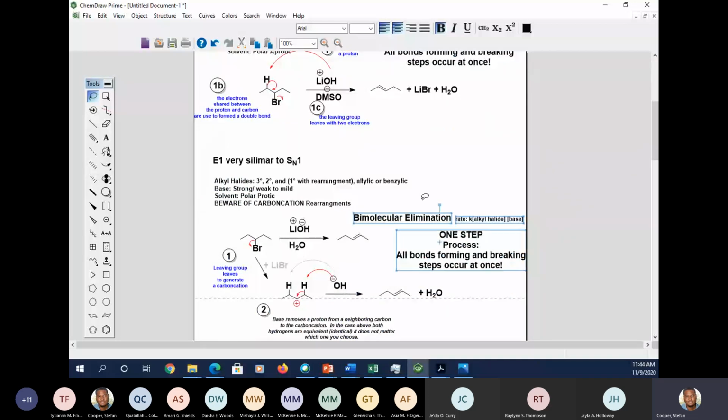These steps here are all unimolecular. That means the kinetics of this reaction depends solely on the concentration of the alkyl halide. Adding more base does not speed up this reaction. And these are two-step processes.